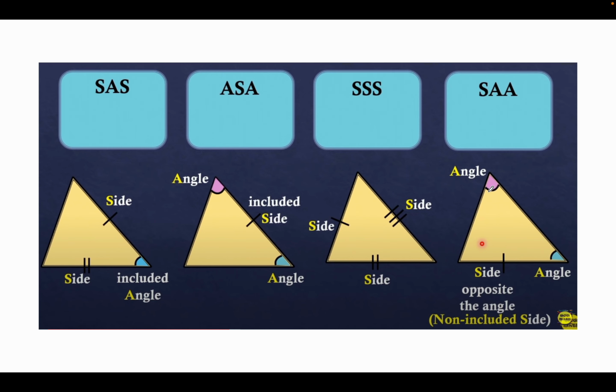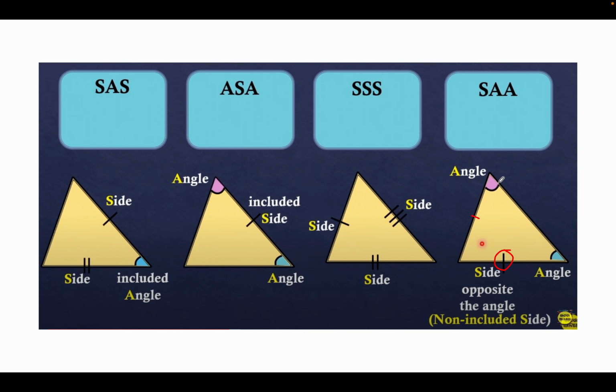Side tapos the two angles and non-included side. Kung meron tayong dalawang magkasunod na angle dito, let's say we have this angle and then this angle, tapos non-included side. Hindi dapat nasa pagitan ng dalawang angle. It's either this side or this side.